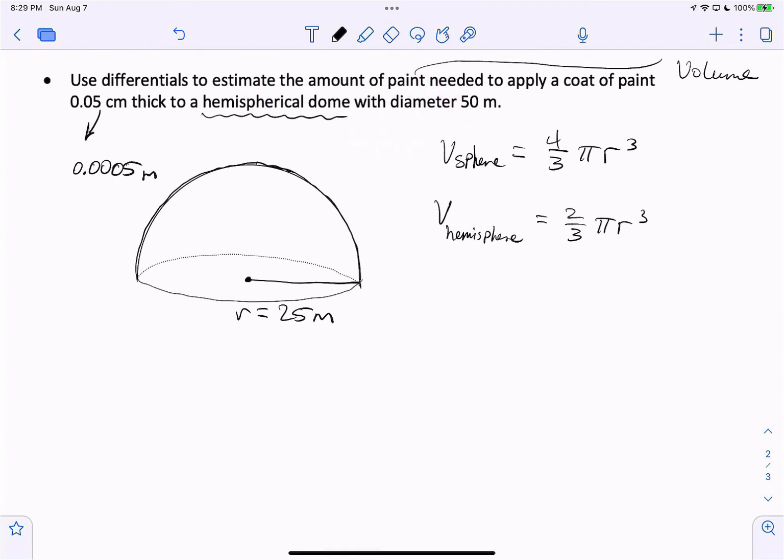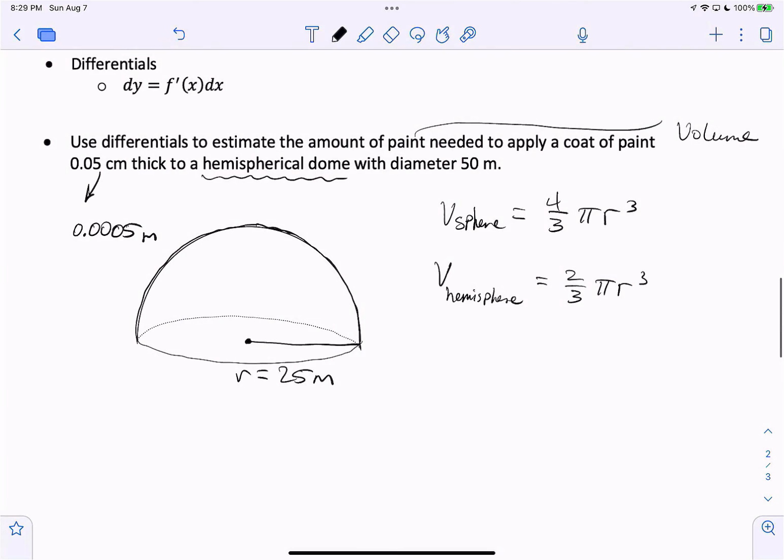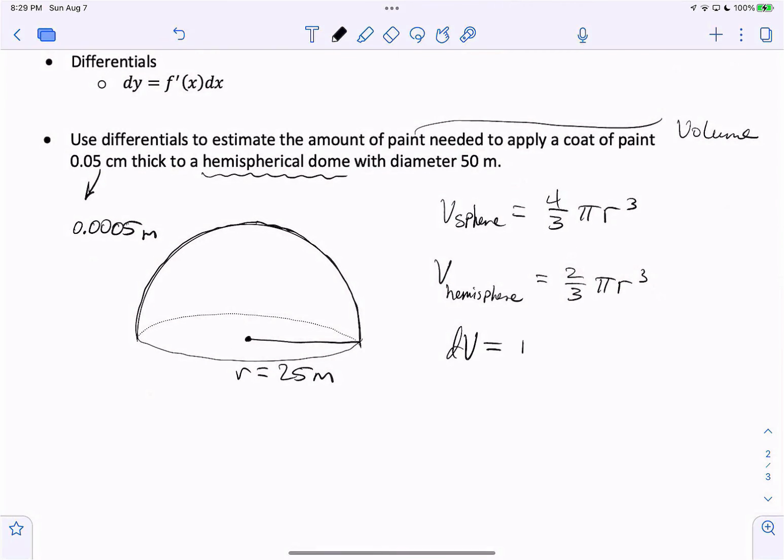We had to divide by 100. Let's look back at what we have for differentials. Dy is equal to f prime of x times dx. Or in this case, we're going to have that dV is equal to V prime of r dr.